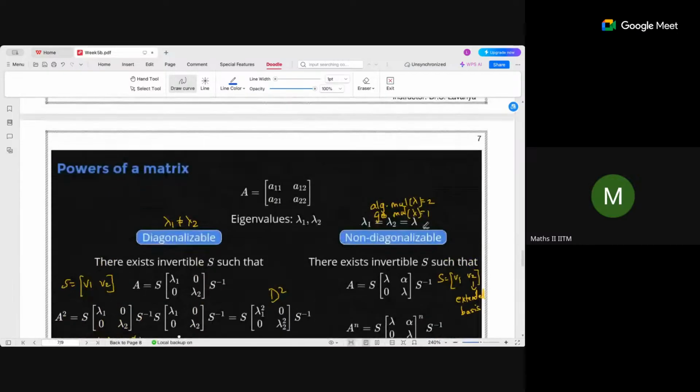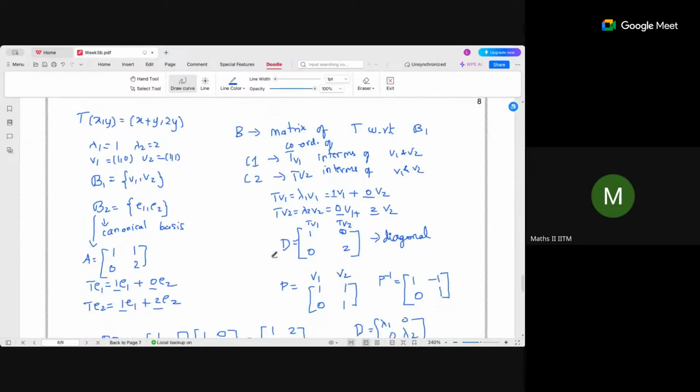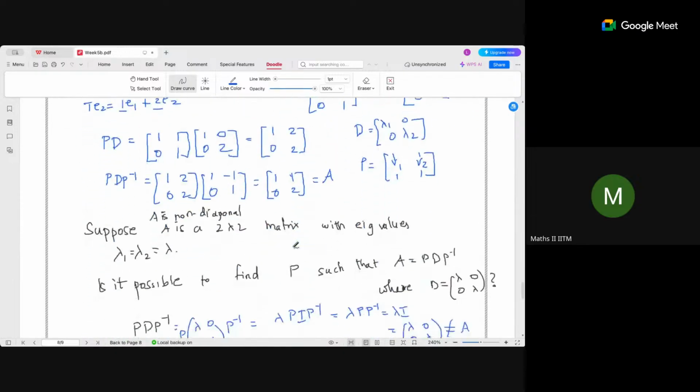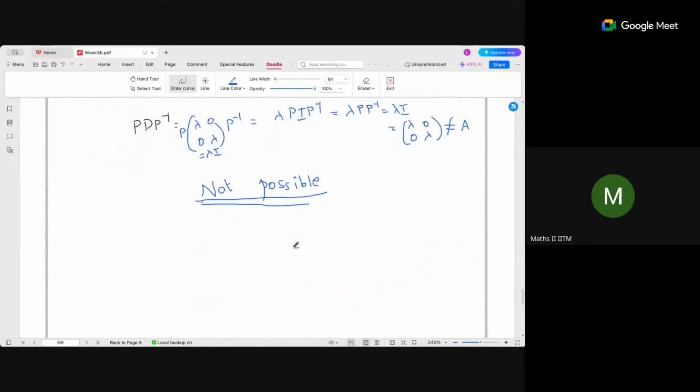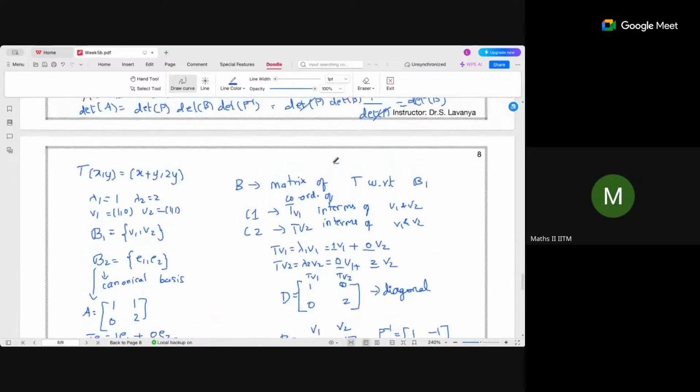That's the essence here: whatever transformation you have, you are able to represent it as a diagonal matrix, and this helps us reduce some computations. That's the only takeaway you have from the diagonalization process.